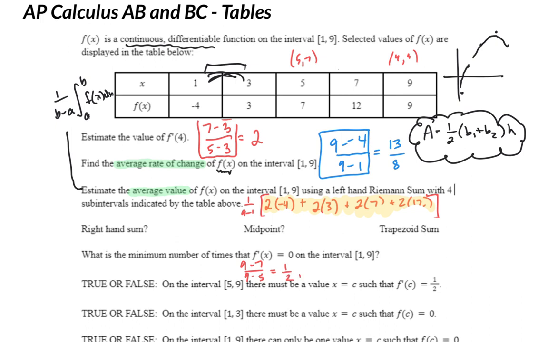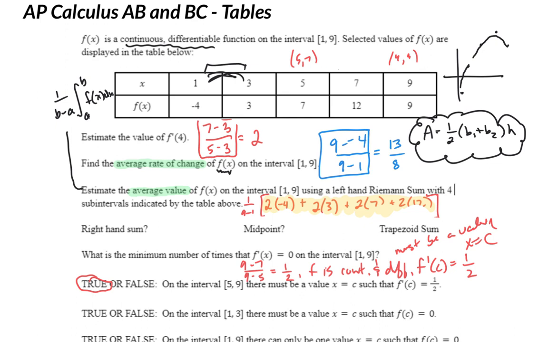So f being continuous and differentiable, there must be a value c, f prime of c, that's equal to that average rate of change. And again, this is mean value theorem, so that is true.